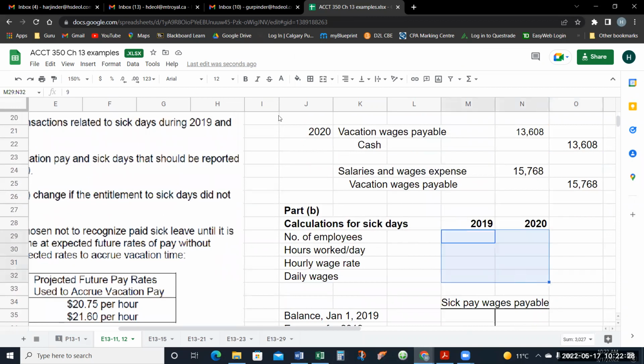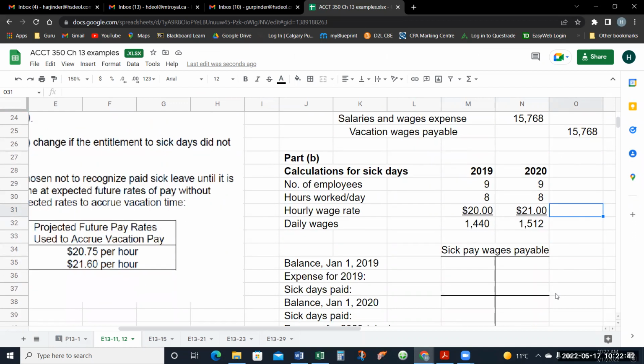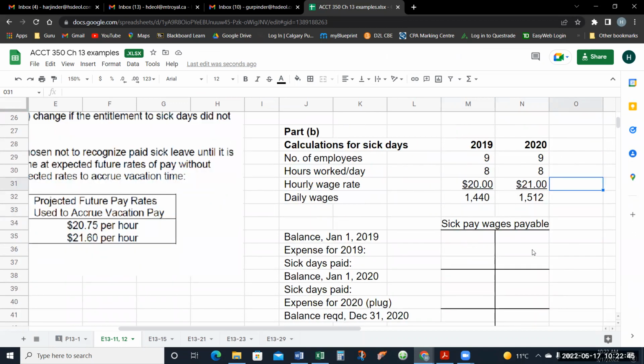So the calculation of the daily wages is the same. $1,440 was the daily payroll for this company in 2019, and $1,512 was the payroll in 2020. Now, starting with the sick pay wages account, there would have been a $0 balance because the company didn't exist on Jan 1st, 2019. It only began operations on Jan 2nd.